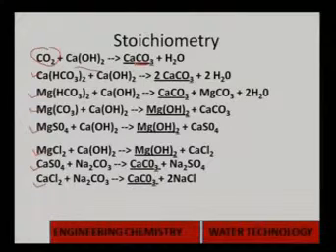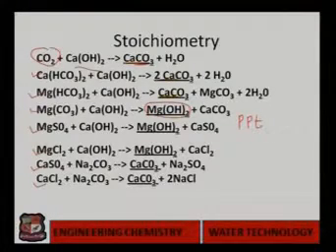All these underlined compounds, CaCO3 here, magnesium hydroxide, these all are nothing but precipitate. These are insoluble salts. Like when lime reacts with carbon dioxide, it gets converted into CaCO3 and this CaCO3 gets precipitated out.